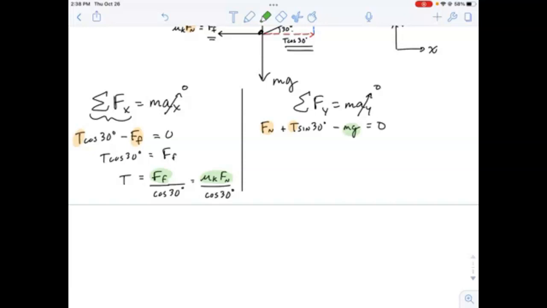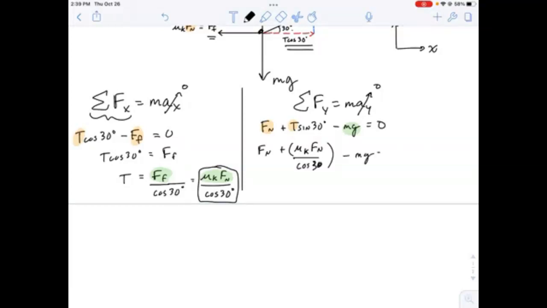I can plug this expression for T into the other equation. Let's try that. Substitution, so we have Fn plus, and now instead of T, I'm going to write mu sub k Fn divided by cos 30 minus mg equals 0.